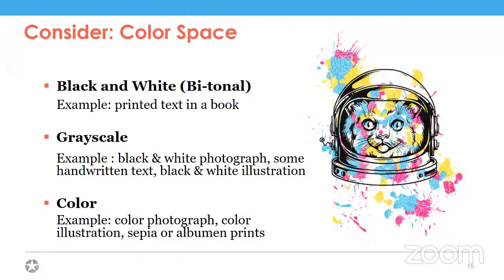If you had a document that they wrote in some really interesting colored ink, or you want to capture that people signed in different pens, somebody signed in blue, somebody signed in red, you could scan a document in color that way. Or oftentimes sepia toned prints, things like that, you will want to capture the color on. So instead of doing them in grayscale, you can do them as full color.